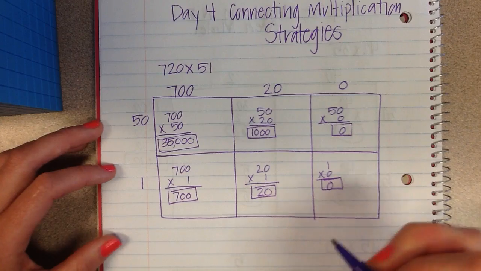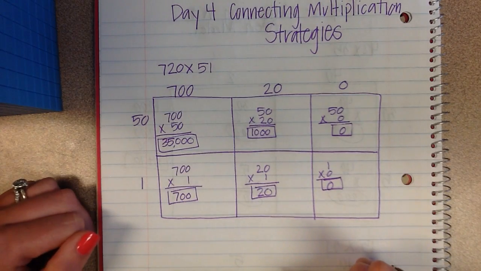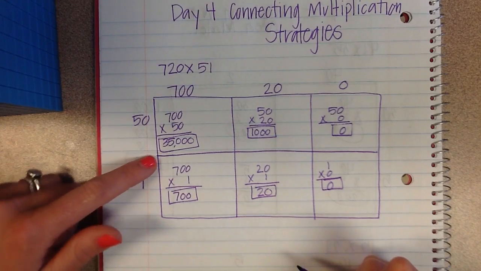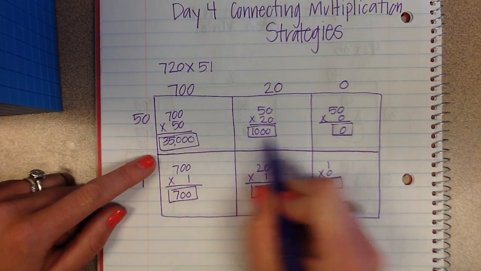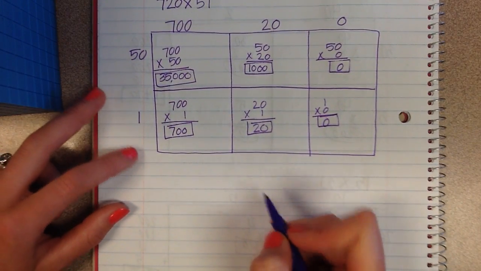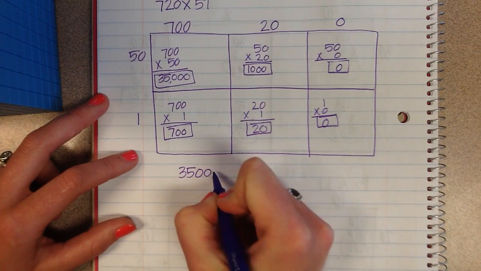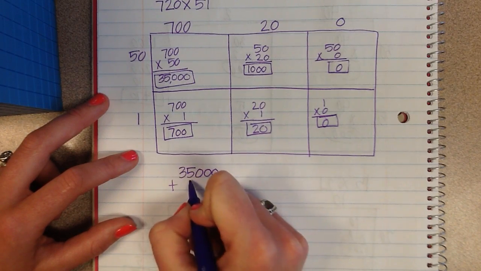Now, I'm going to add up my total right here across. Let me see if I can move this down a little bit for you. 35,000 plus 1,000.